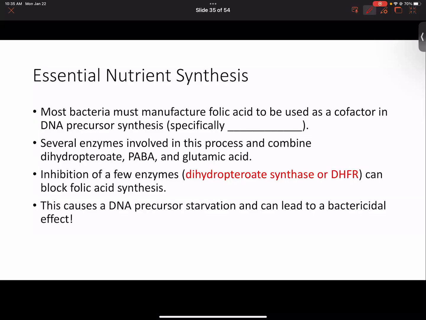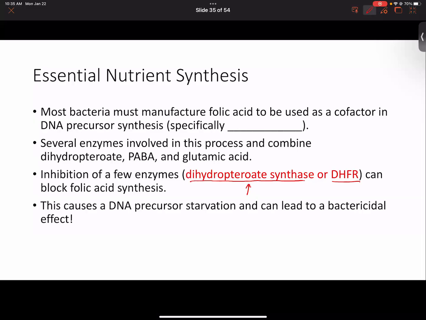There are two interesting enzymes that bacteria have that are responsible for facilitating this folic acid synthesis and then this downstream metabolism into this one carbon donor. The first one I'll make mention of is something called dihydropteroate synthase.